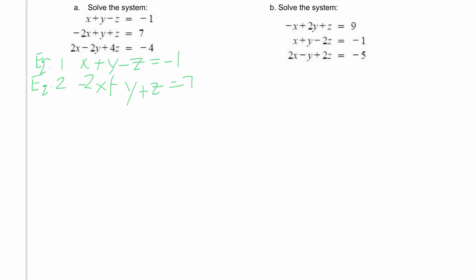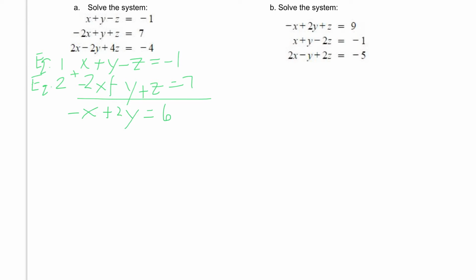And like I said, they're already opposites for my z's, so I can go ahead and add these 2 equations together. And when I do that, 1x and negative 2x will give me negative x. Y plus y will give me 2y. My z's are going to cancel out, and negative 1 plus 7 will give me 6.